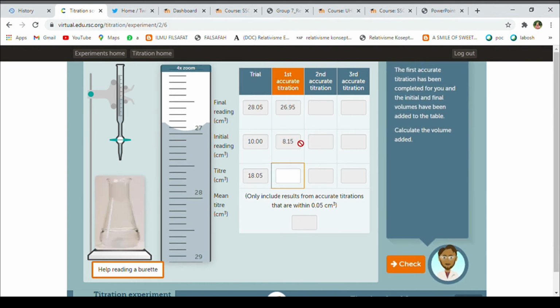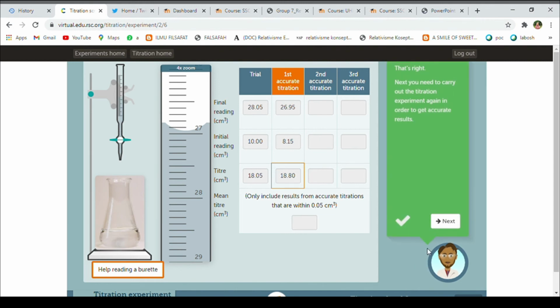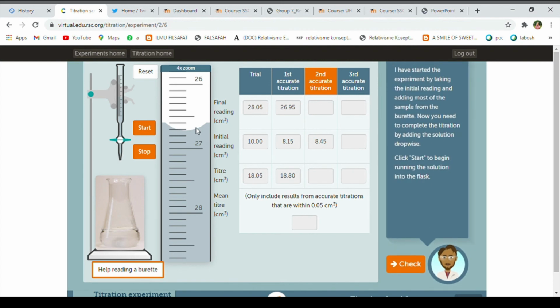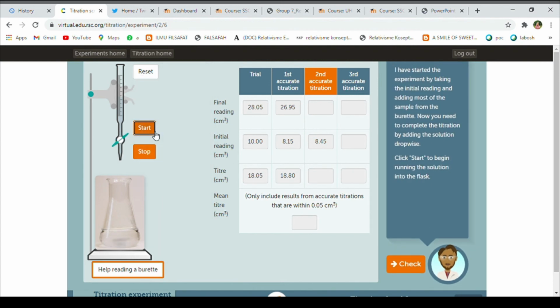For the first titration, the initial and final readings are already given, which are 8.15 and 26.95 cm³ respectively. So, we just need to find the titre, which is 18.80 cm³. We need to conduct the second titration. So, let's begin.